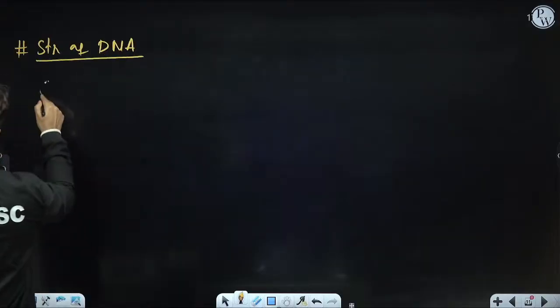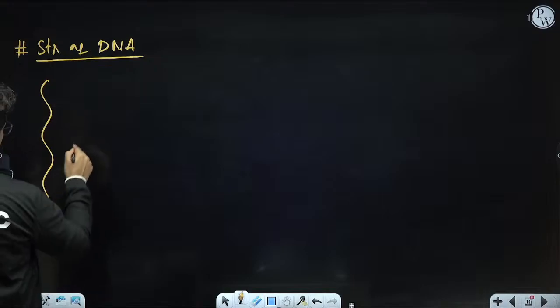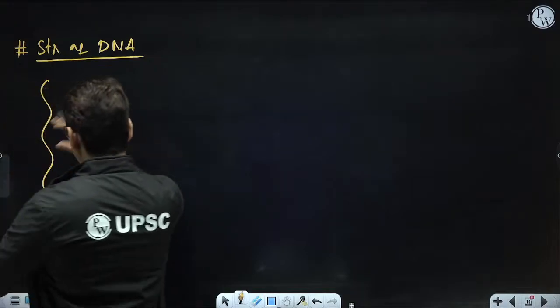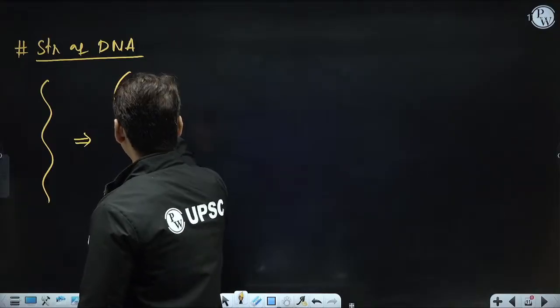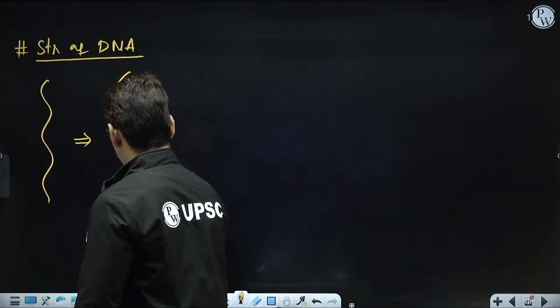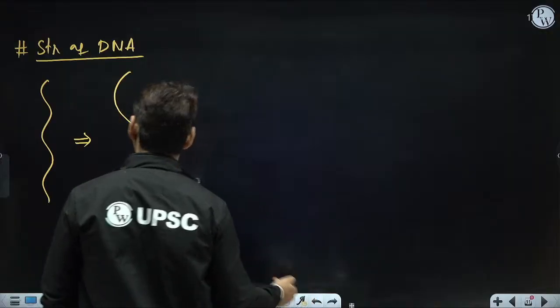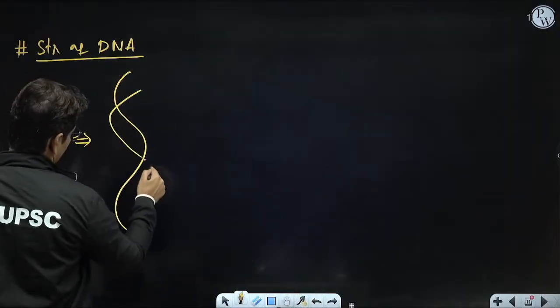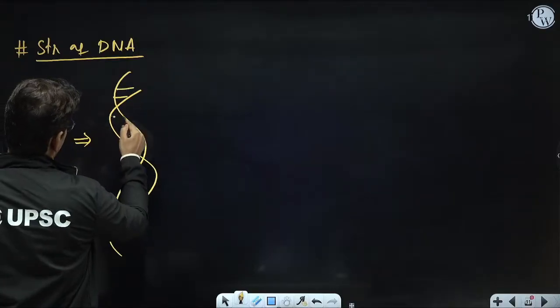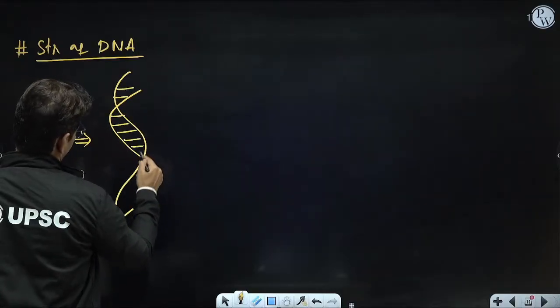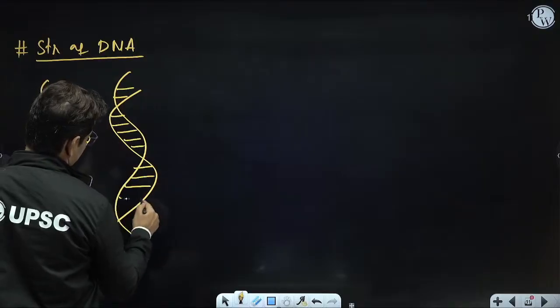Like I told you, DNA is a thread-like structure. But if you zoom in, this DNA will be like this. It's like a spiral, right? It will be like this, and it is not only spiral, it will have staircases built in.